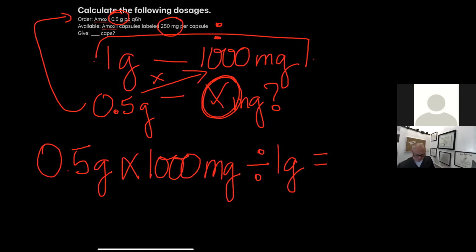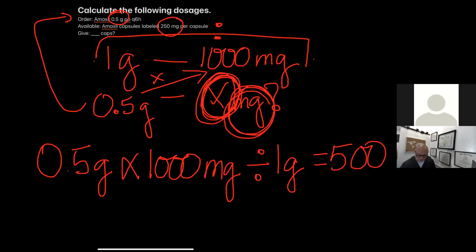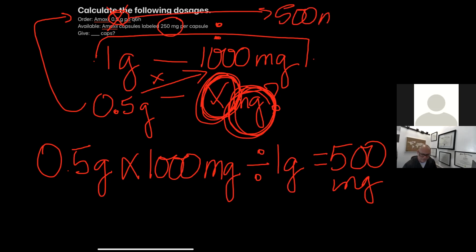And that's going to be 500 milligrams, because milligrams is what we didn't know and we're looking for. So 500 milligrams. In other words, now we can substitute this 0.5 grams with 500 milligrams. So far so good.